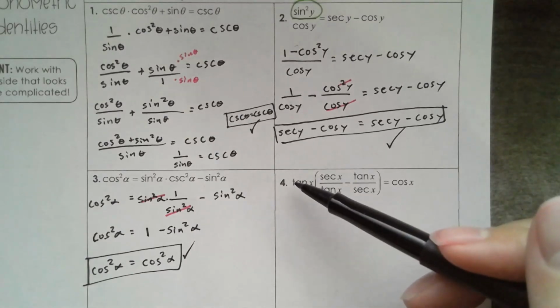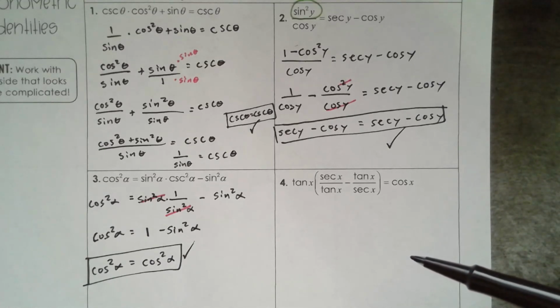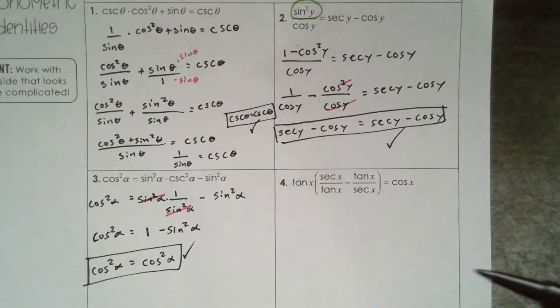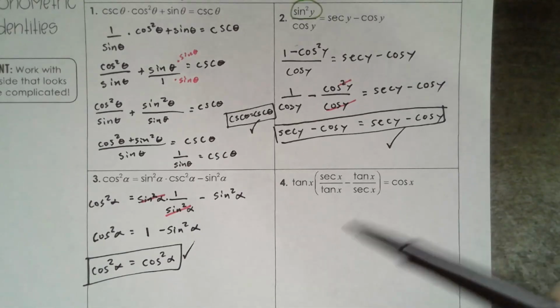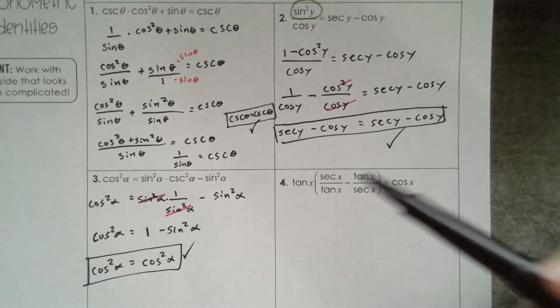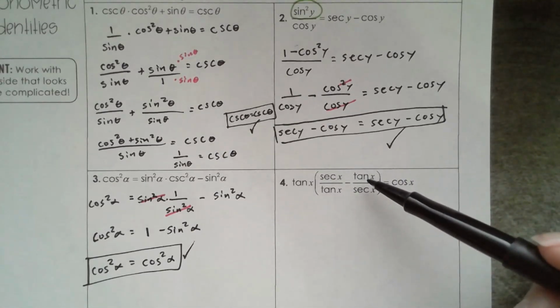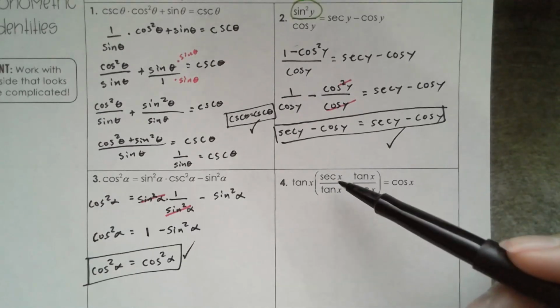What I'm thinking here, to help your thinking process for those of you that have a hard time starting some of these, is I can either distribute the tangent x in, or I can combine these two fractions first inside and then go from there.